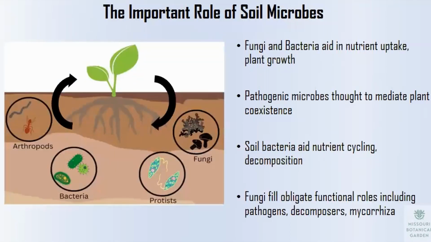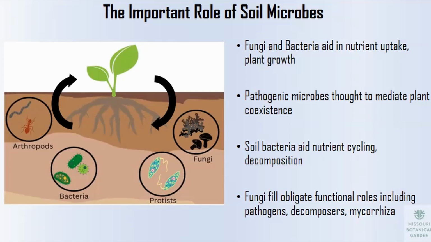The importance of soil microbes cannot be overstated. They come in all shapes and sizes. We have larger organisms like arthropods, and then of course protists in the soil, but the main focus is fungi and bacteria, because those are the ones we know the most about in their role in soil. Fungi and bacteria aid in nutrient cycling, promote plant growth, and are even important for pathogenic responses, which can mediate plant coexistence.